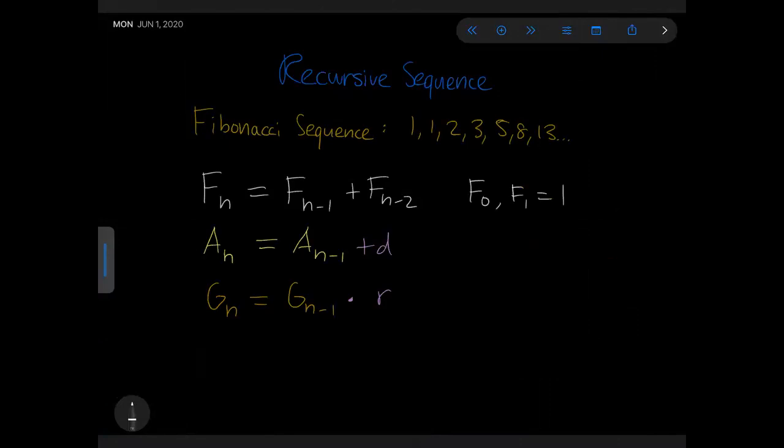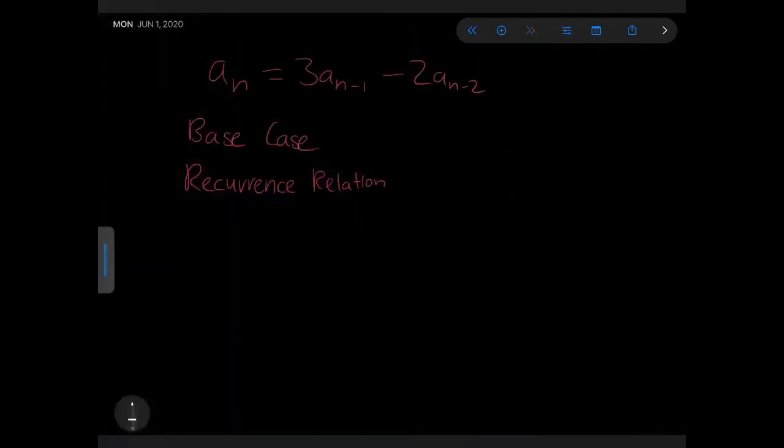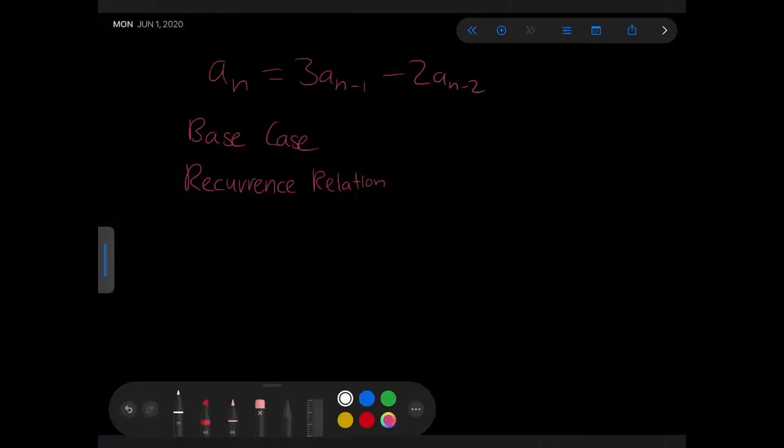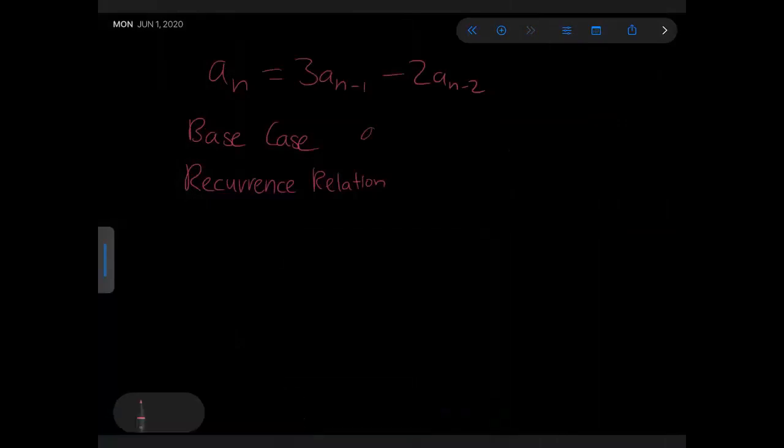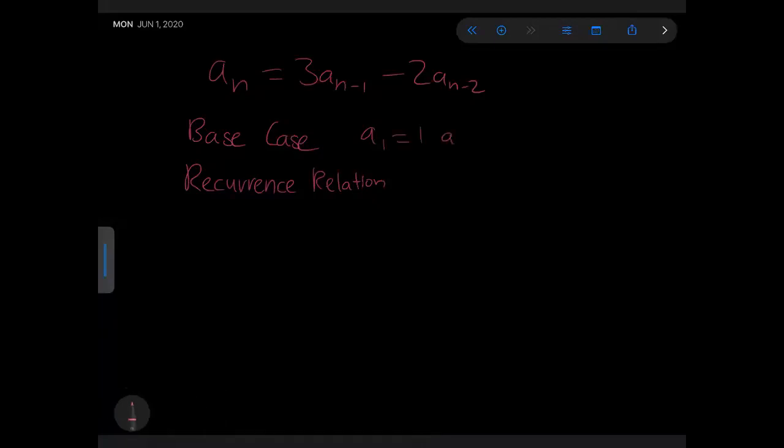And then we can generate the rest of the terms from there. So f of 0 and f of 1 are a base case. In this case, we'll say that our base case is a sub 1 is equal to 1, and a sub 2 is also equal to 1.